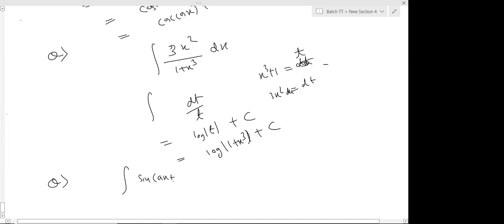Integration of sine ax plus b cos ax plus b dx.